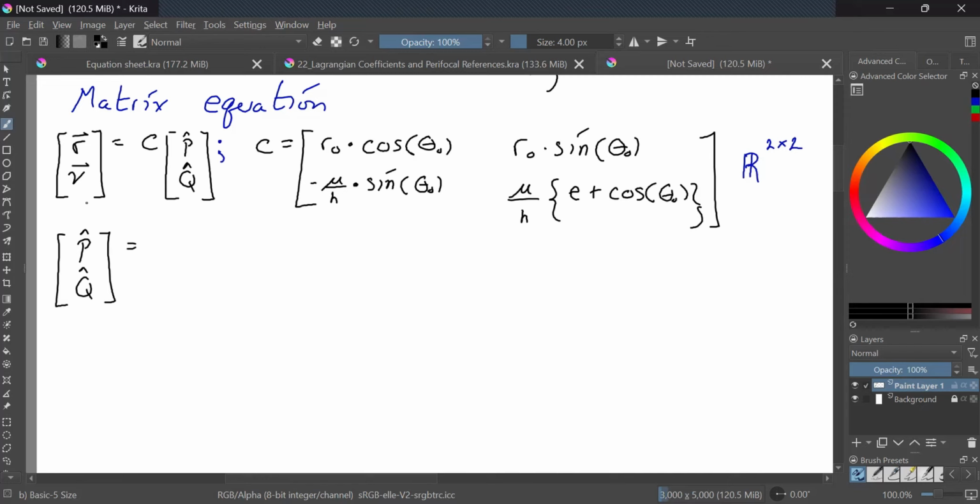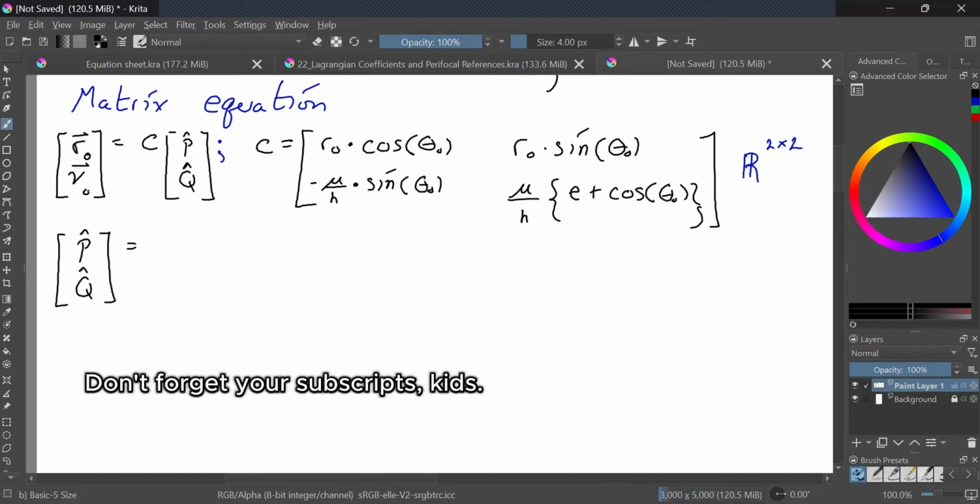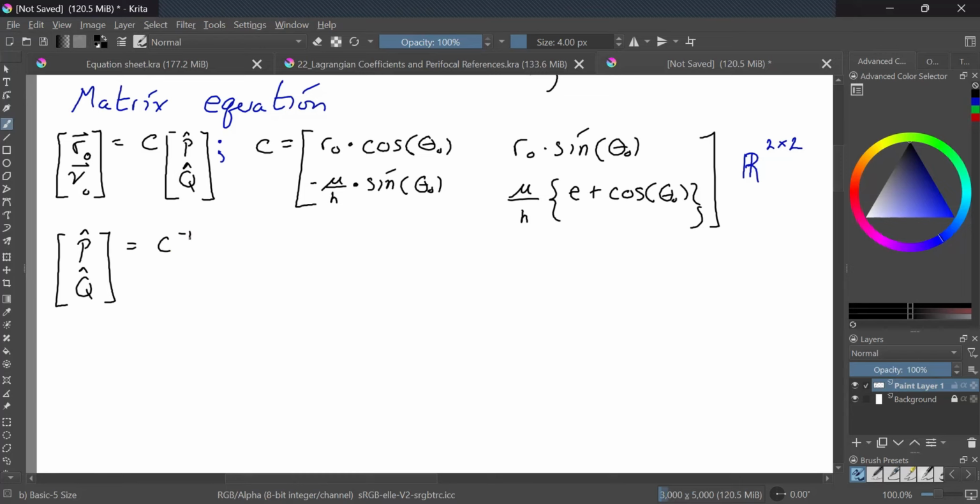And in fact, these are the initial R and V vectors. I just left the subscripts off. So to do that, we are going to invert our matrix C and multiply it by the R naught, V naught vector, the position velocity vector. It's just going to be RV vector for now.